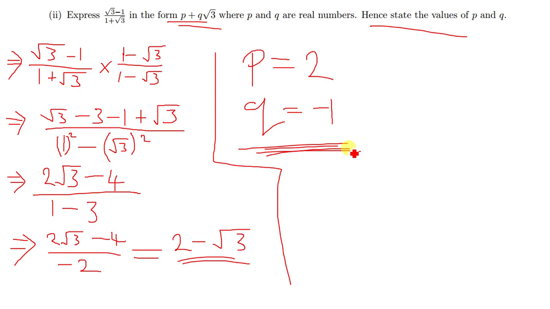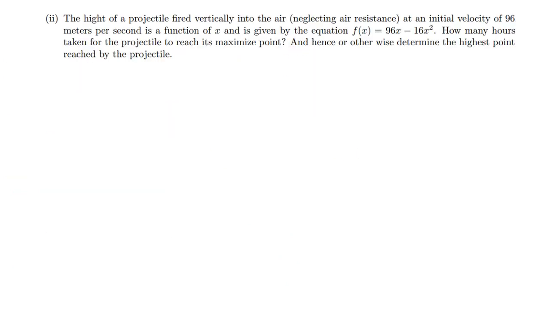Let's quickly move on to the next question. The next question is saying the height of a projectile fired vertically into the air, neglecting air resistance, at an initial velocity of 96 meters per second, is a function of x and is given by the equation.